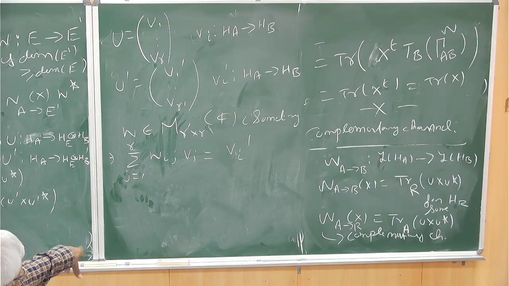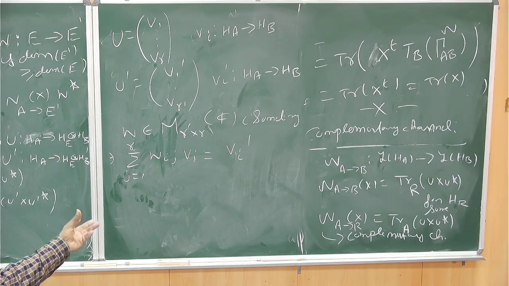I'm just summing over the column, no? So it should be R prime over R. Yeah. So we have an isometry like that.